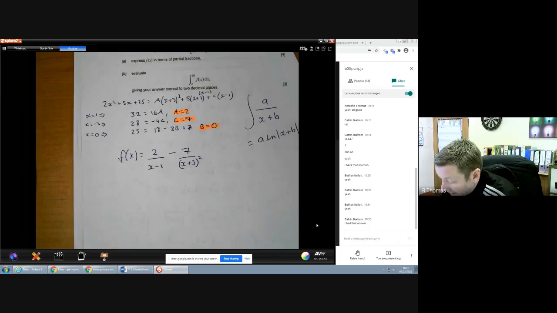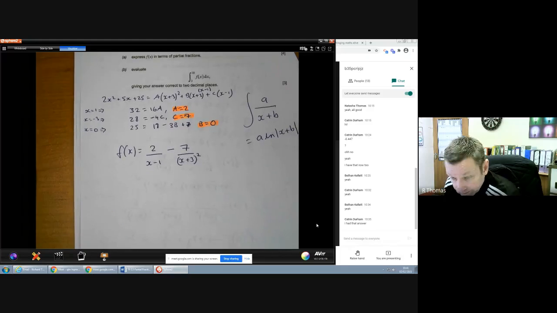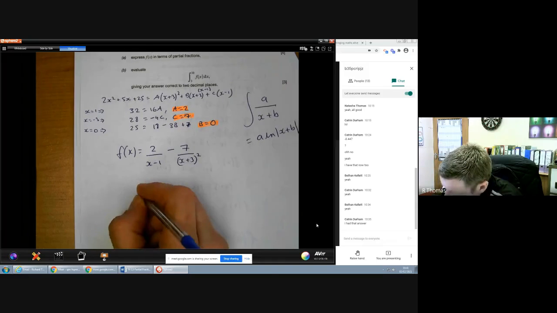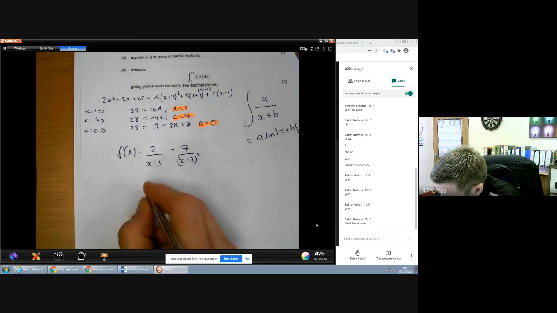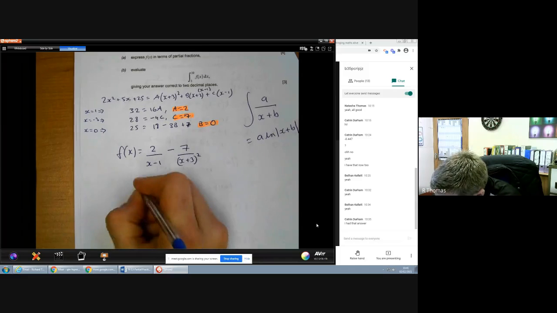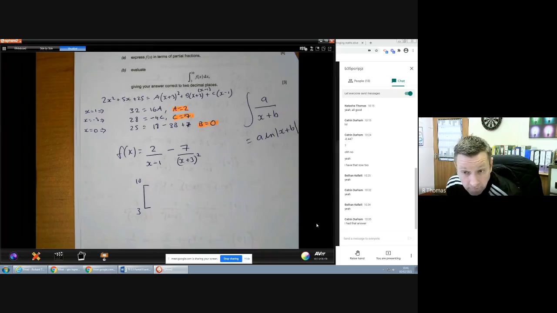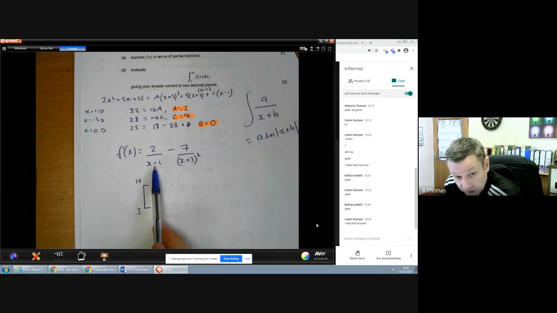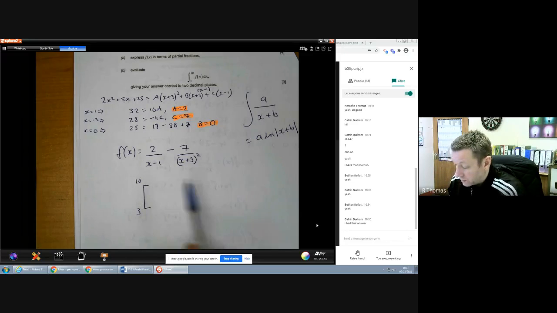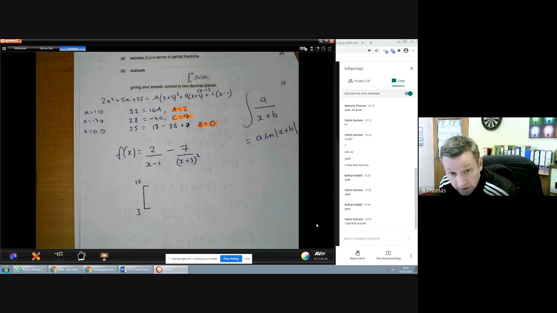Now they want us to integrate it. So I'm going to draw square brackets and put 10 and 3 there because we have limits. The integral of this, you'll start to obviously just recognize it. It's going to be a log. If it was 1 over x minus 1, it would just be log of x minus 1, but it's 2 over x minus 1.